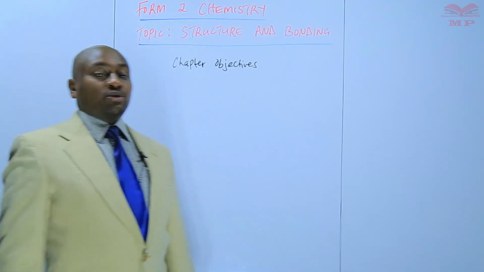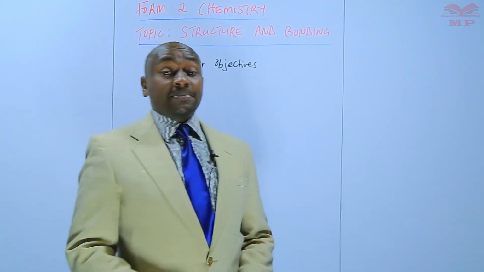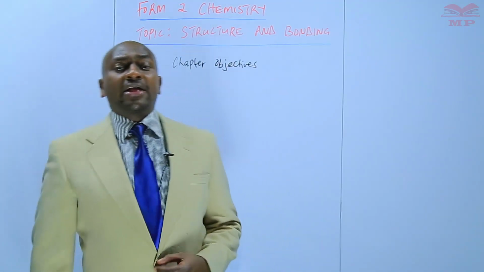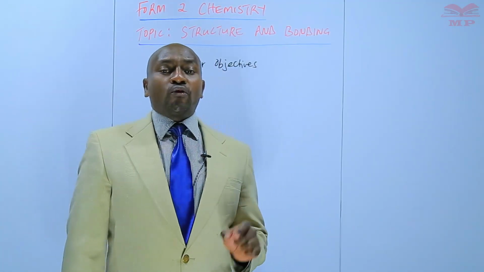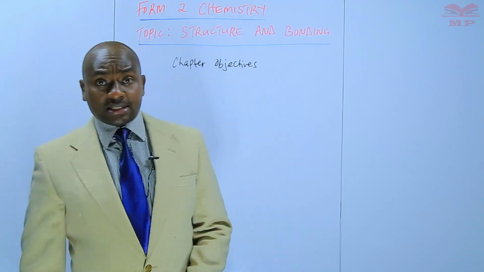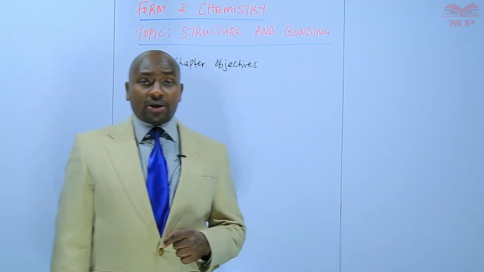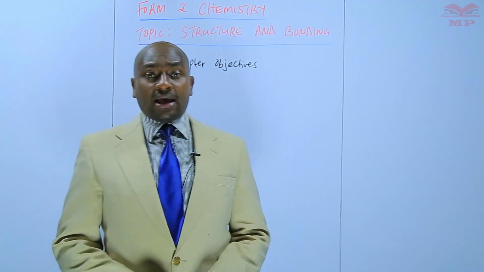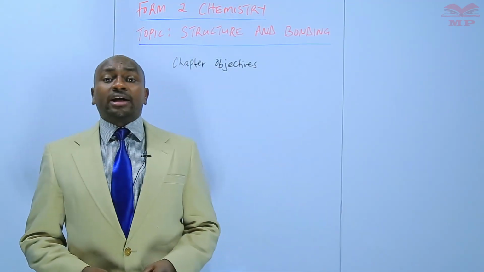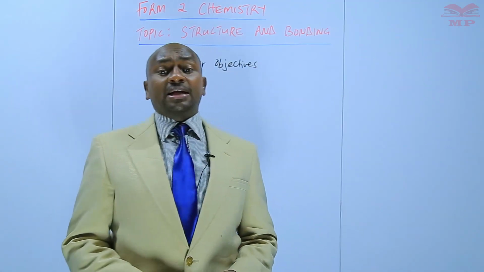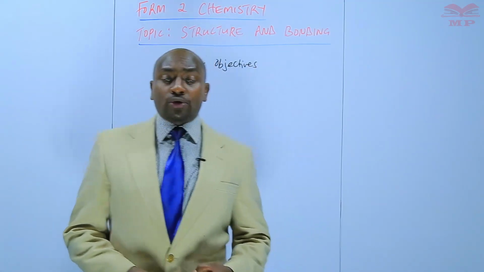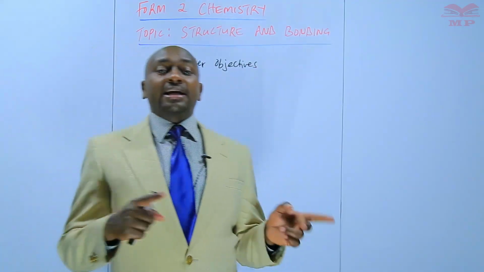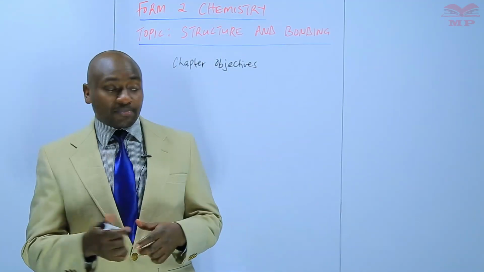The first thing that we would want to ask ourselves is that we need to understand the importance of valence electrons in bonding. Valence electrons are the outermost electrons. And the outermost electrons, also known as the valence electrons, are very important during bonding because they are the ones that are involved in the process.